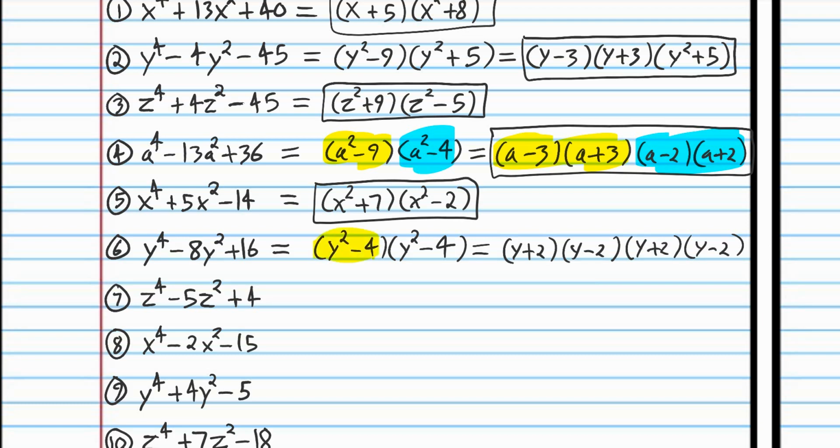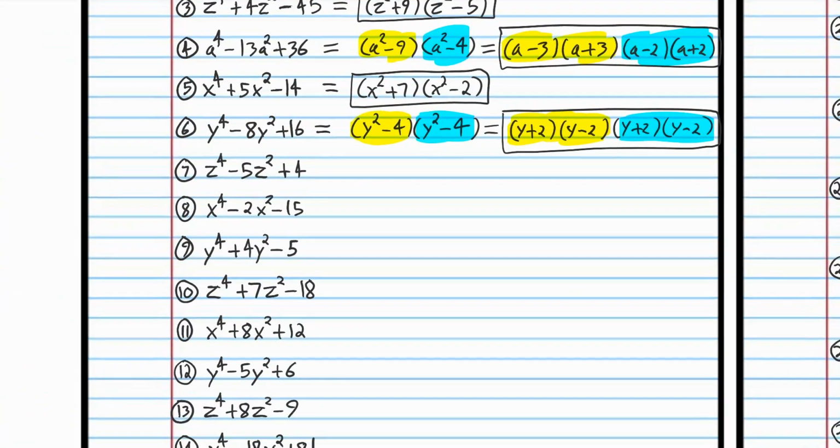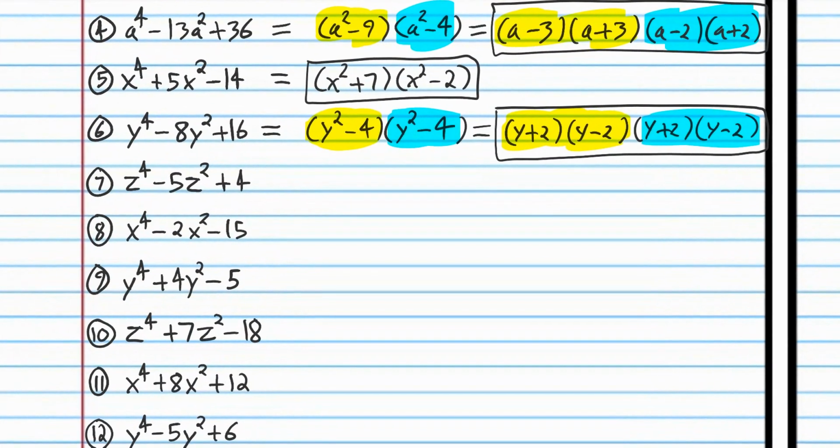Again, this yellow set goes with this yellow set, and this blue set goes with this blue set, just so you know where each group of factorization is coming from. All right, try number 7, and when you come back, we'll do it together.